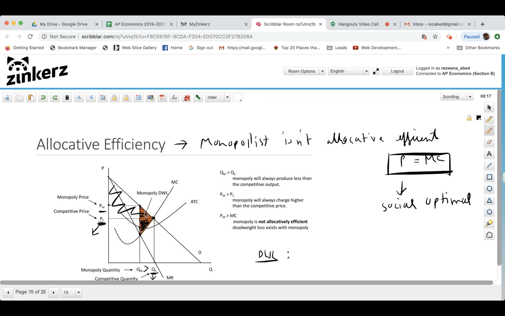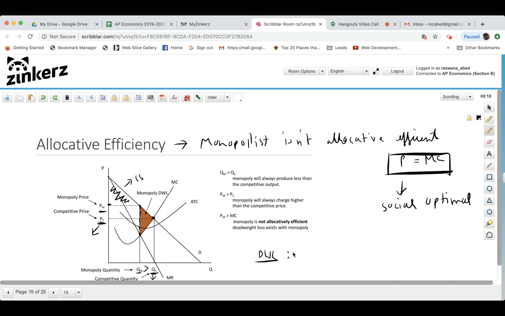So some of it would be going to consumers, some to producers, but it would not be lost the way it is right now, because the monopolist is charging this price PM and producing this quantity QM. So their consumer surplus is over here, which is a lot lower than the consumer surplus with perfect competition.